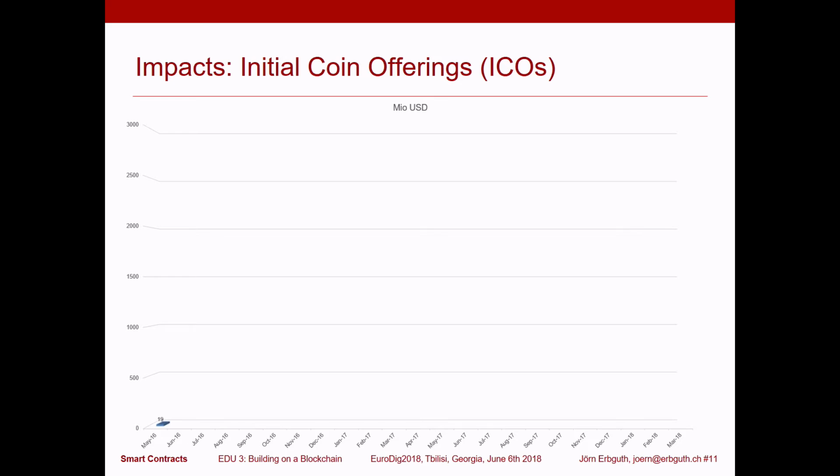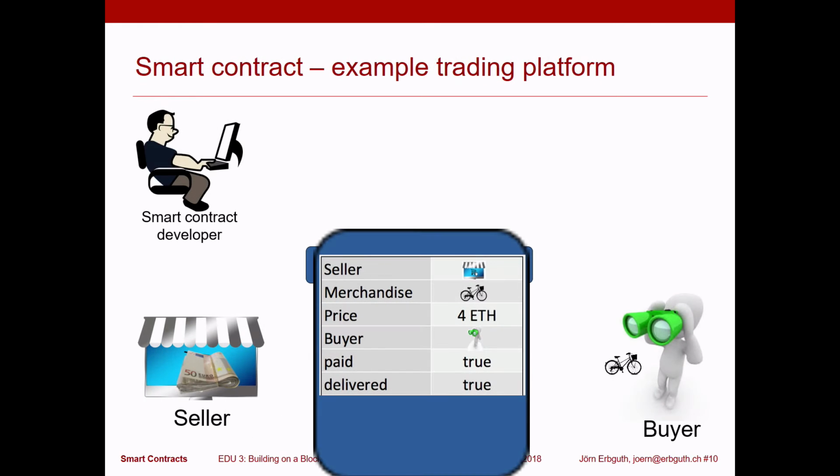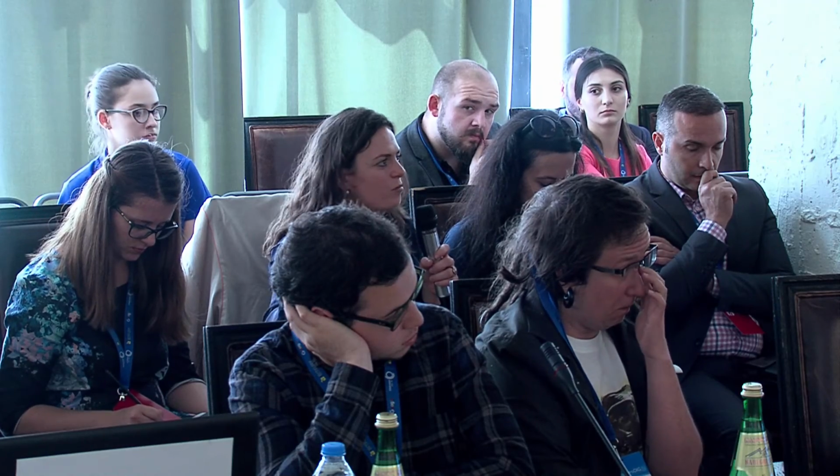So what are the impacts of smart contracts? Where are they used? Yes, please. Sorry, back to the previous part of the contract. So the smart contract has another contract with the post office because they have to ensure that it was a bike which he sent, or the seller has to take the money back if that thing wasn't a bike.